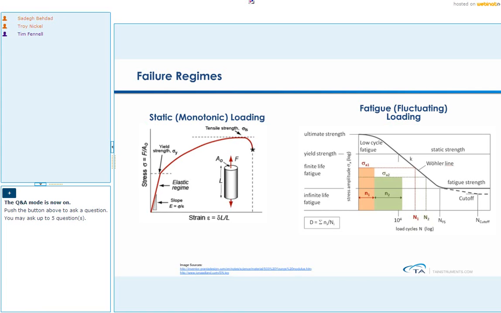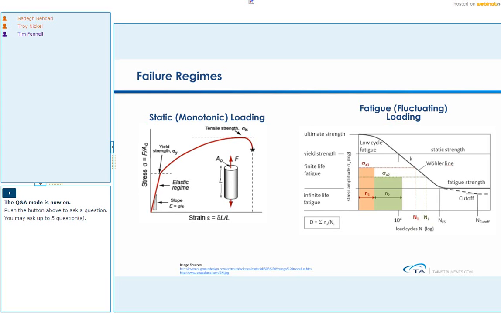Then in the late 1800s, there was an incident where a train had an accident, and the wheels were not experiencing stresses above yield, but somehow the wheel failed. An engineer was assigned to investigate, and his name is August Wohler, and he's the guy who created the graph on the right.